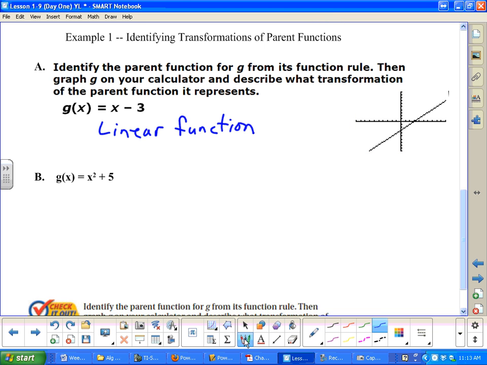What's the transformation that's taken place to go from our parent function, which looks like this, what's the difference? Matt says it moves to the right 3. Anybody disagree with that, or think something differently?